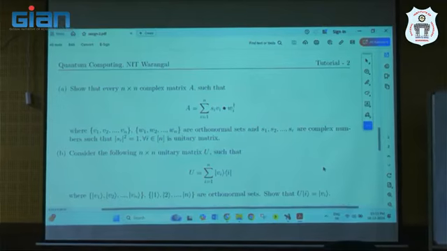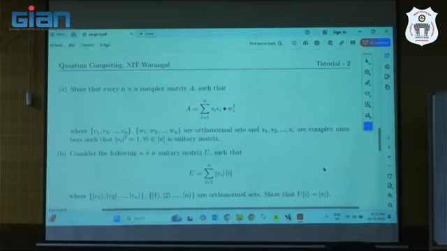Now, in fact, here they are talking about these S's being complex numbers, but if we take them as singular values, they will turn out to be non-negative reals, because we can absorb the complex phases inside the V's.